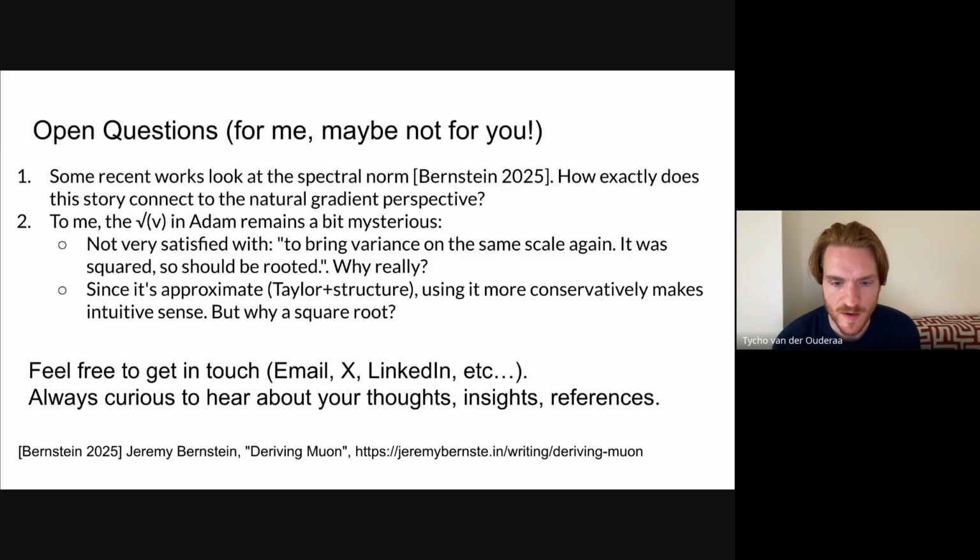And then I think one of the best state-of-the-art optimizers at the moment is Muon. I'll discuss a bit how this relates to Muon in the next slide. There's this deriving Muon blog post by Bernstein 2025, where they derive Muon through the spectral norm. I do like our KFAC because it provides this story from a natural gradient perspective. I'm just curious if the two are related in some way.